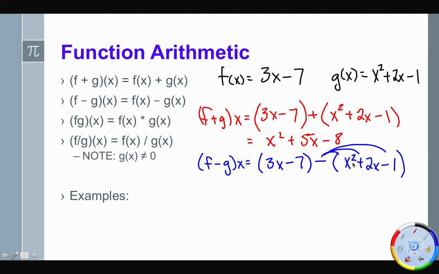So we get a negative x squared because now we're subtracting x squared. Then we get 3x minus a positive 2x, so we get a positive 1x. And we get negative 7 minus negative 1, which means plus 1, so it's negative 6.